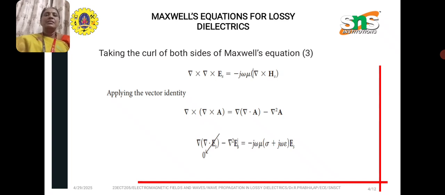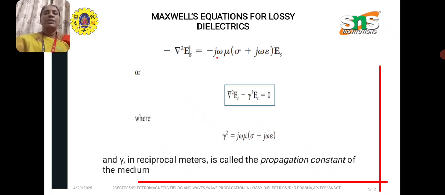The vector identity is del cross del cross A is equal to del of del dot A minus del squared A. Here del of del dot E is 0, and minus del squared Es is equal to minus j omega mu into sigma plus j omega epsilon into Es. Now the minus cancels on both sides.